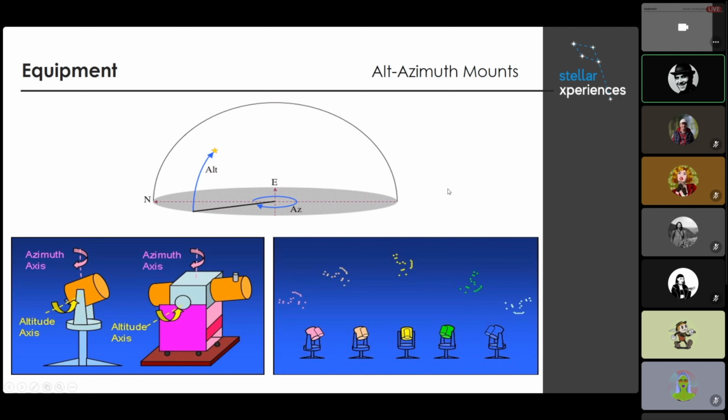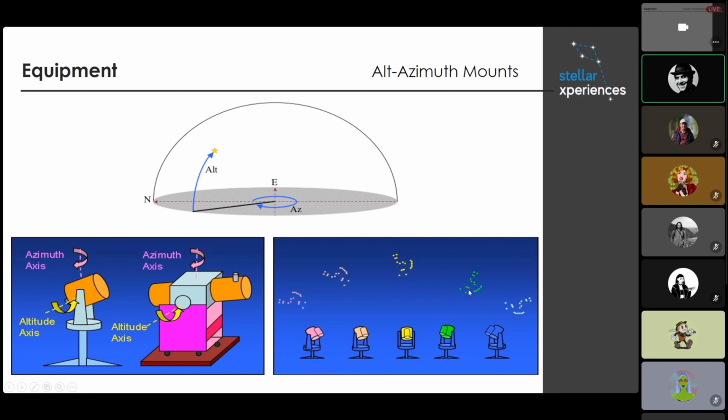These alt-azimuth mounts will also cause something called field rotation mistake, because when you see here the Orion constellation, when Orion constellation starts rising, it will be almost parallel to the horizon, and it will go like this.